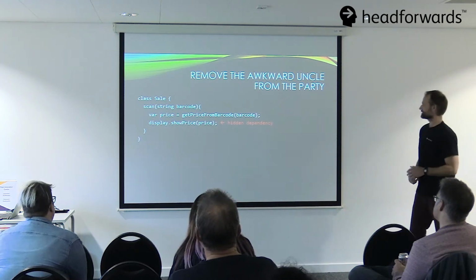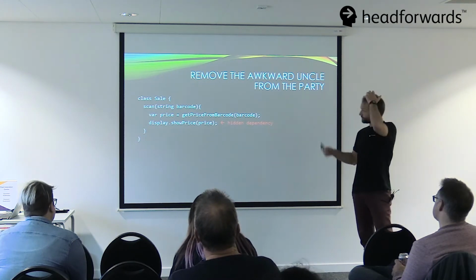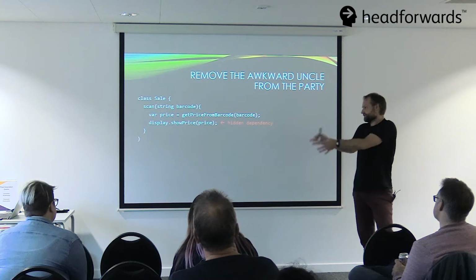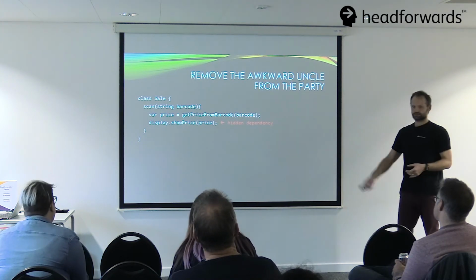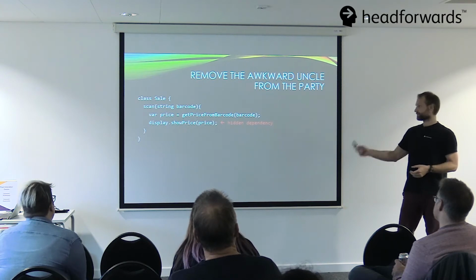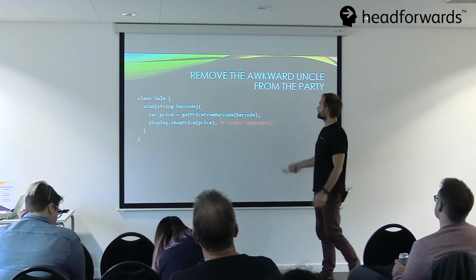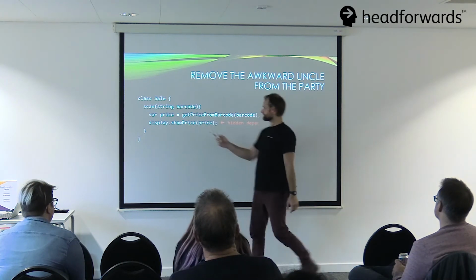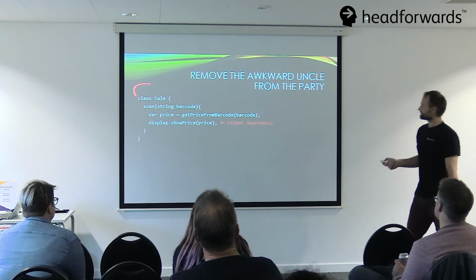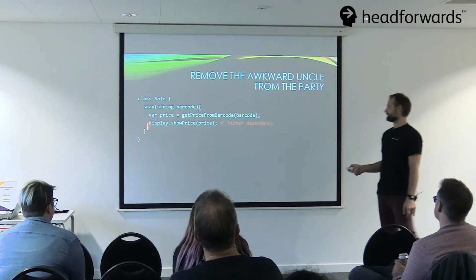Okay, so I'm going to quickly go through a really basic example of some super simple, but legacy, because it's not tested at this point, code, and show you. So this is kind of the first thing that the book talks about, or one of the first examples, about how to break a dependency in a class that's hidden away. So this is a sales class. It's just got a scan method, as you can see. It gets a price from a barcode, and then it has a display.